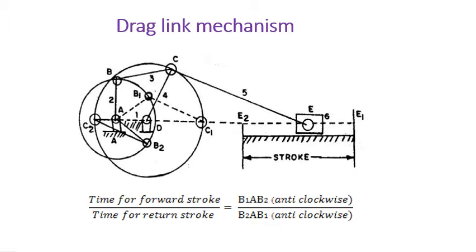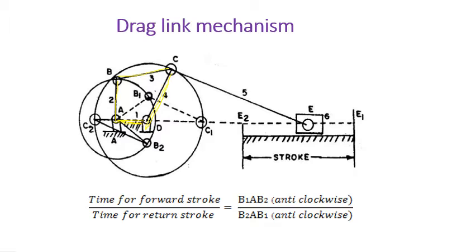The drag link quick return motion mechanism is one of the major types of quick return motion mechanism. This is one of the inversions of the 4-bar mechanism with 4 turning pairs. You can see the fixed link is link number 1, crank is link number 2, connecting rod is link number 3, and rocker is link number 4.